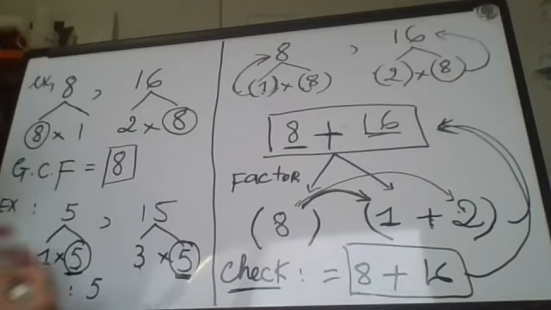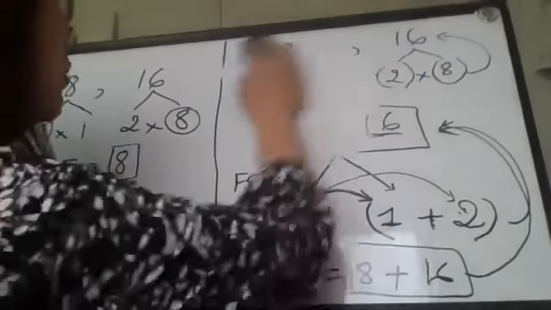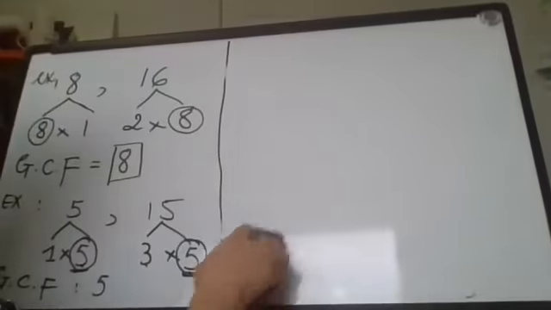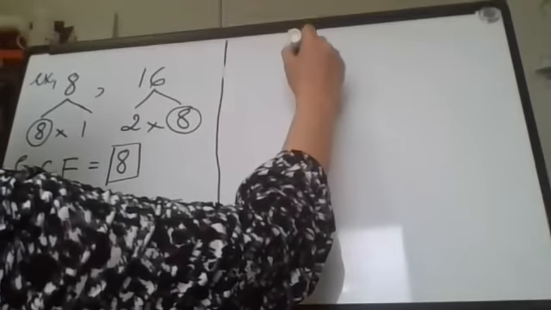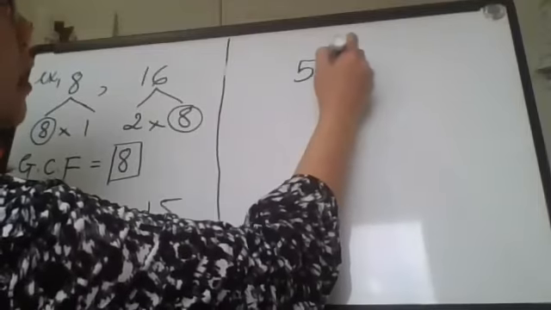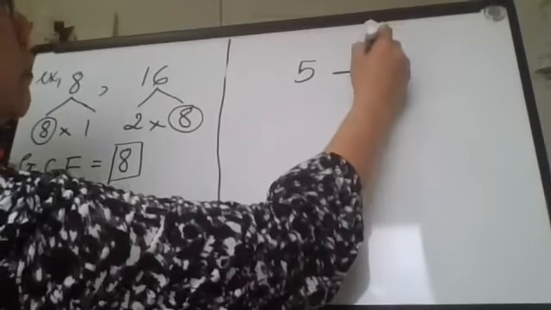Now, I'm going to use these 2 and show you again. So now I'm going to show you the second example. Let's say 5, and I create the term. This time I'm going to say 5 minus 15.